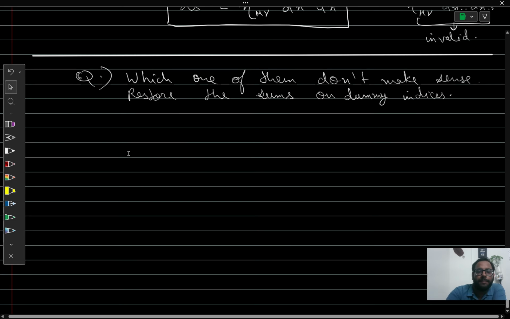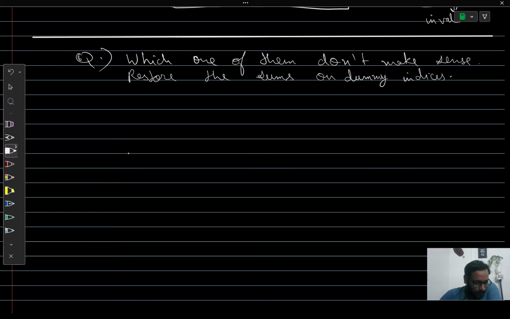Let me give you some examples. The first one is x^i equals a^i_j b^j, and with k indices, this is i equals a_jk, this is k l, this is l, and this is the i index, right?